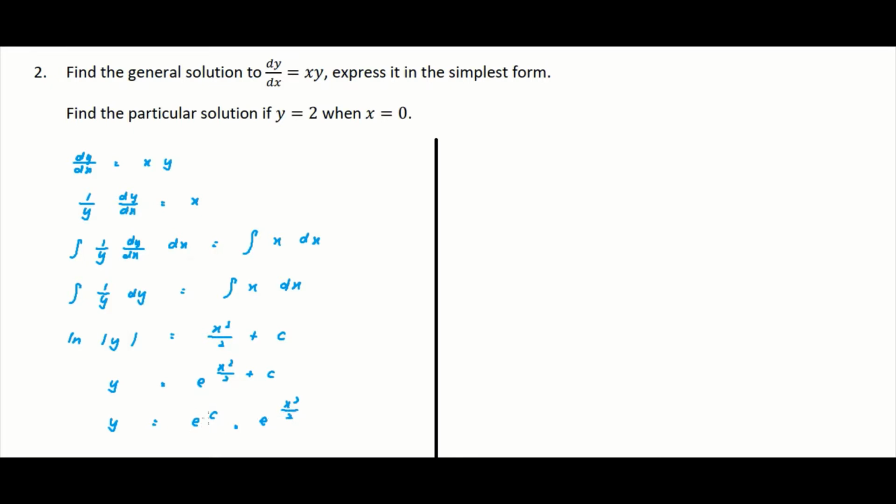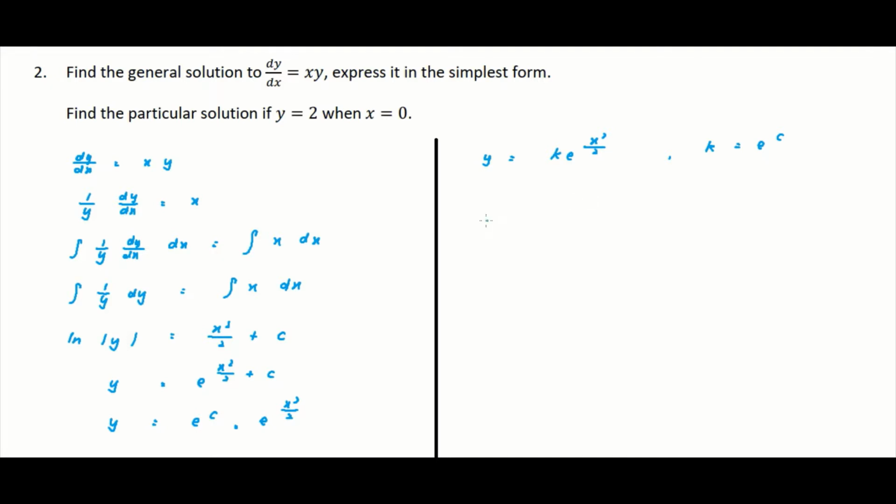For the e to the c part, we'll use another variable to substitute it. You can write anything, A, B, C, D, or in this case, maybe I use K. So K e to the power x squared over 2, and you need to state that K is equal to e to the c. That's the idea of it.